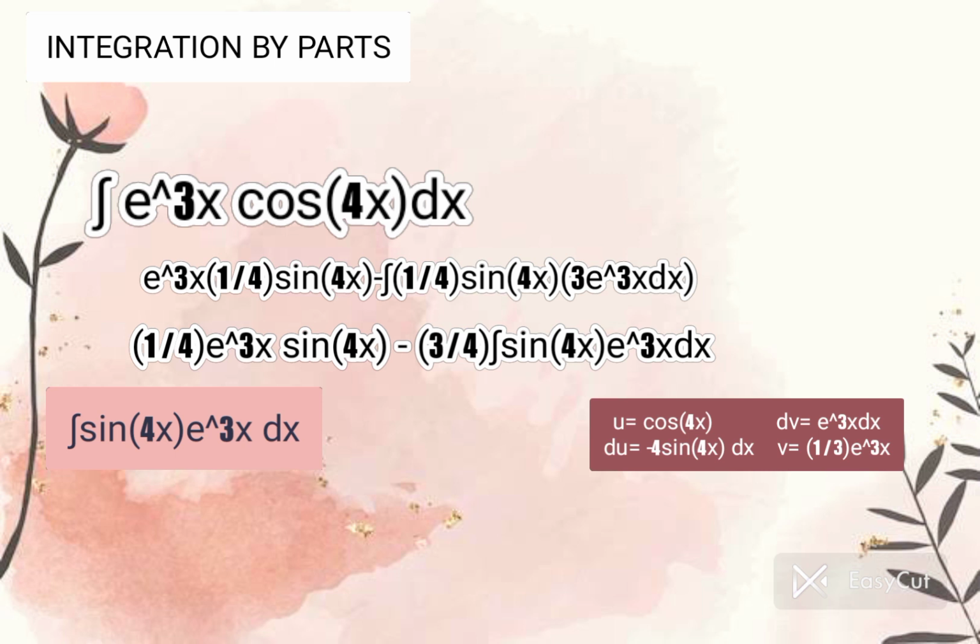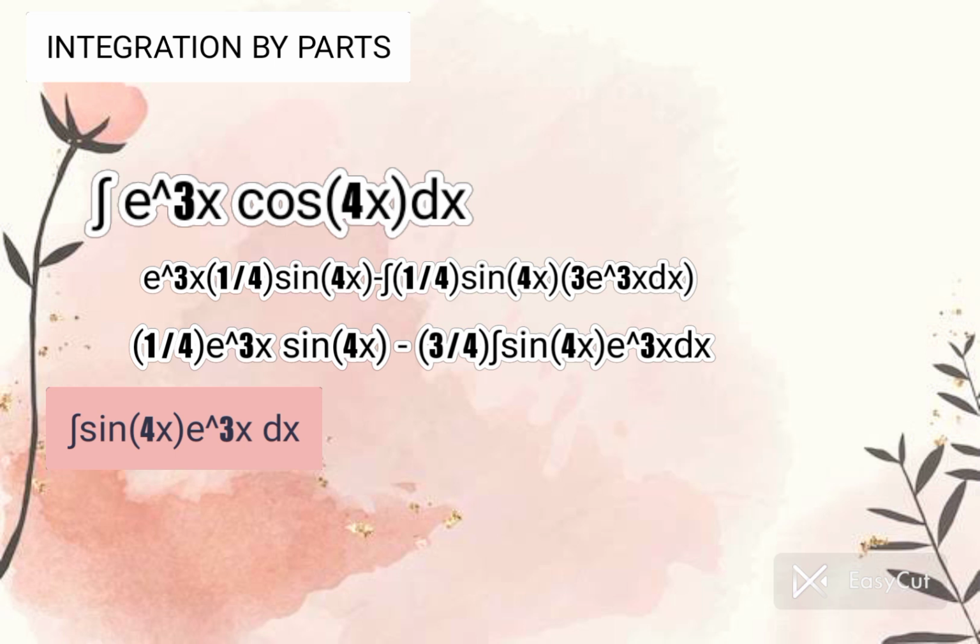Our du is d over dx of cosine 4x dx, which is equal to negative 4 sine 4x dx. And our v is equal to the integral of e raised to 3x dx, which is 1 over 3 e raised to 3x.